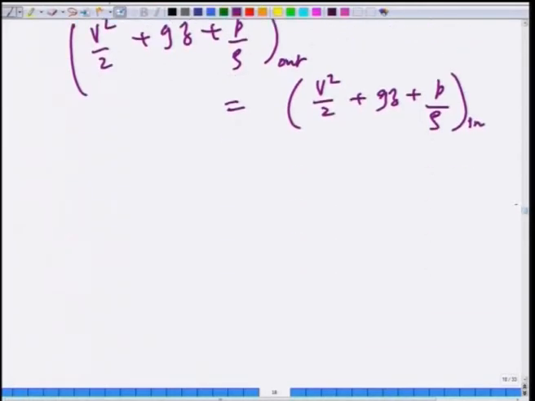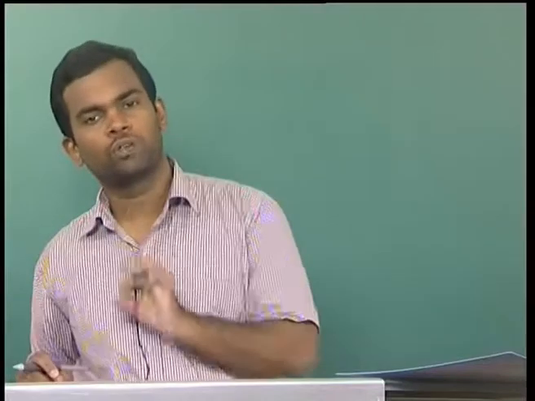So there is a superficial similarity between the energy equation and the Bernoulli equation, but one has to be very careful because the energy equation can be applied across different equipment. You can construct the CV as big as possible, including all sorts of equipment and valves and compressors and pipings and so on, whereas the Bernoulli equation is a special equation that is valid only for an inviscid flow along a streamline.